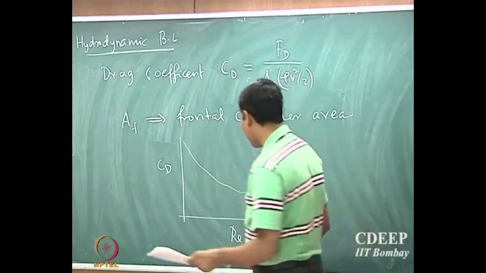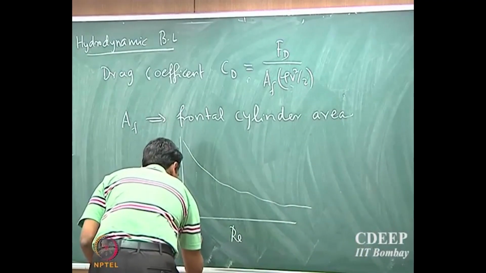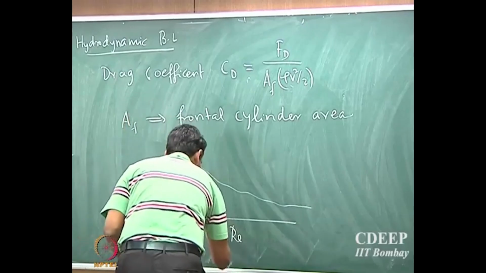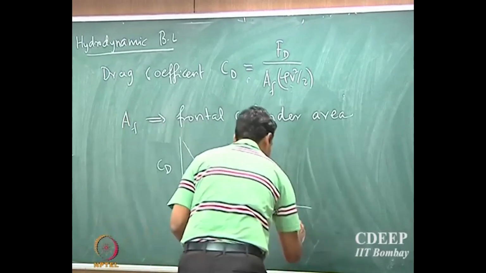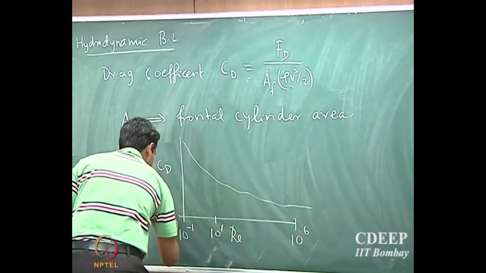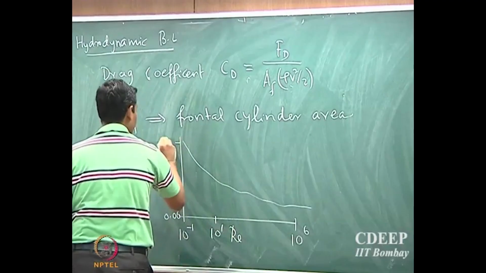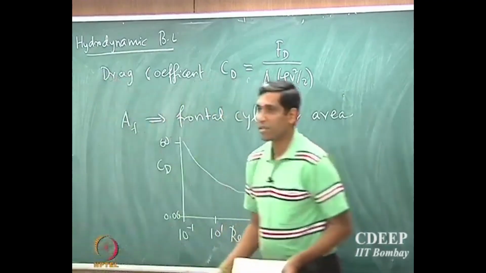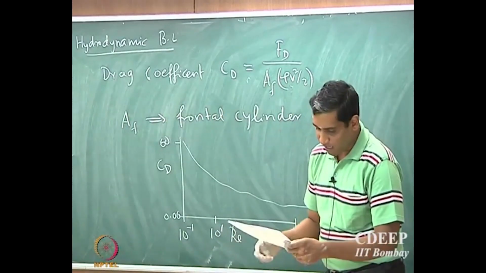I can put some numbers here. This is 10 power minus 1, it's a log plot, 10 power 1, it's about 10 power 6, and this goes from 0.06 to 60. So that's the profile for drag coefficient.